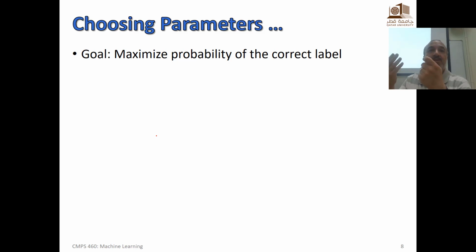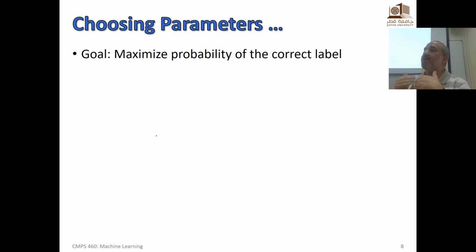The highest possible, right? So we want it to be 1 or closer to 1. So when the true label is 1, we want to maximize the predicted value. The predicted value will always be between 0 and 1, right?